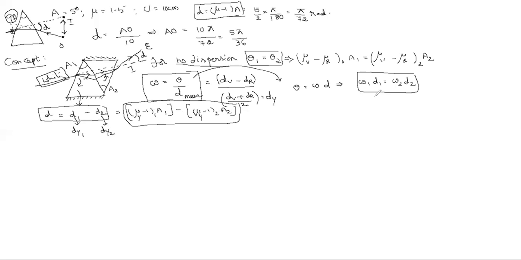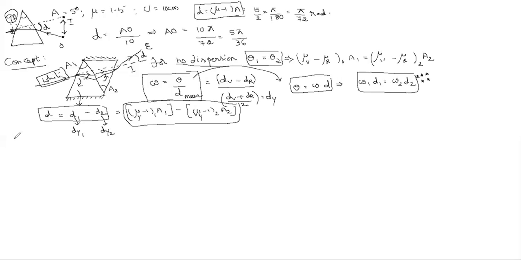Then you may ask, sir, what is the use of writing this equation particularly? This one, omega 1 equals omega 2: we actually wrote it from theta 1 equals theta 2. In the case of no dispersion, we said theta 1 equals theta 2, so that omega 1 equals omega 2.